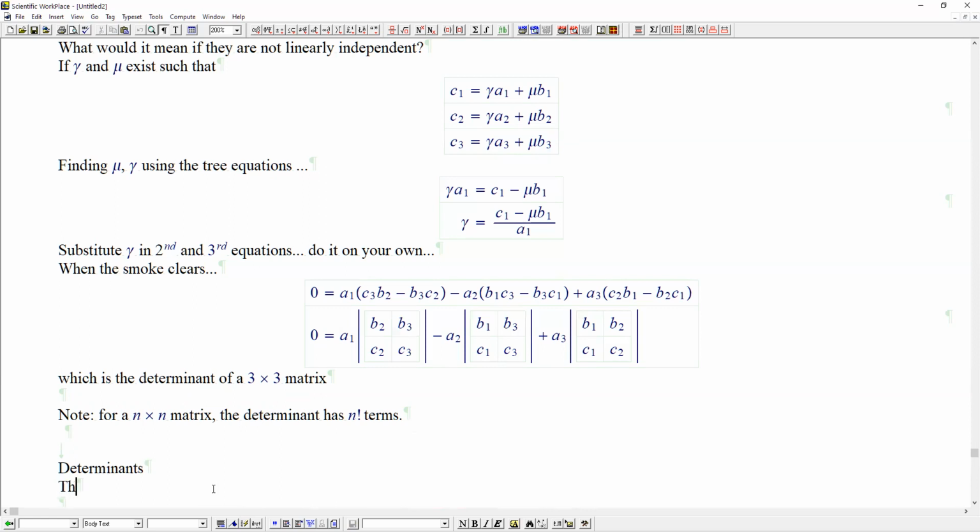The determinant of a square matrix A is written either A like this, or det A.